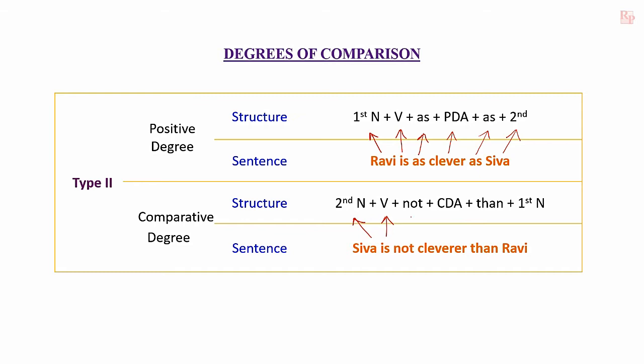Since there is no negative sense in this statement, you should add not to the verb, then write the comparative form of the adjective, then than should follow, then the first noun should be written. Like that, the change of degrees from positive to comparative degree is made.